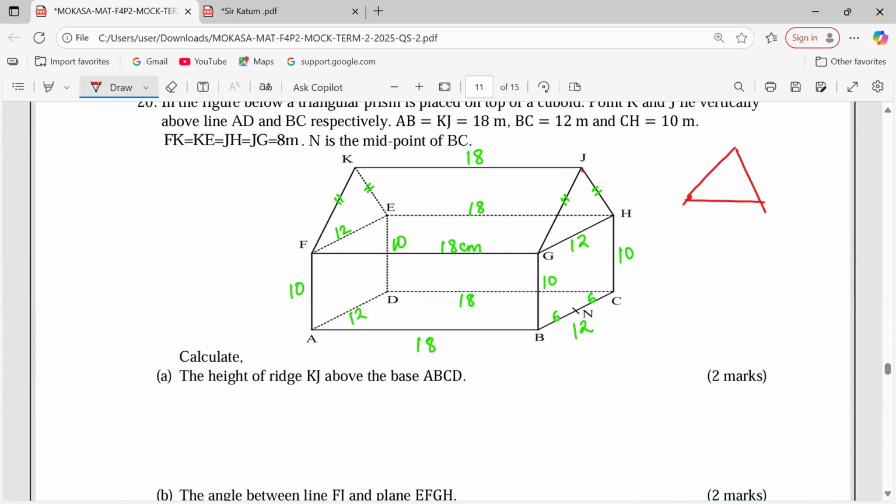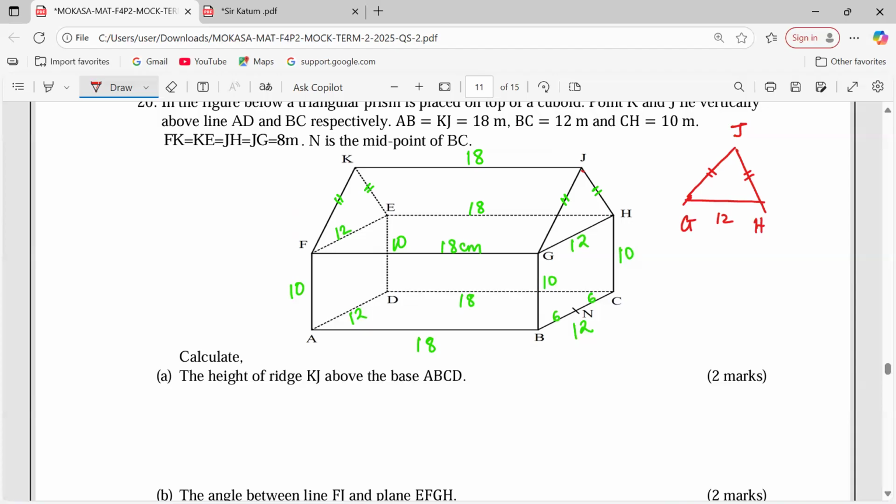So if we have a J, then GH, like that. This is 12. And then this one is equal to this one. That's what you're supposed to understand. Those parts are equal.